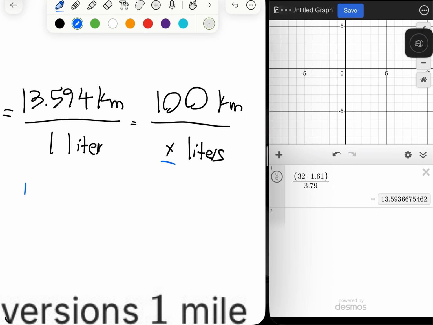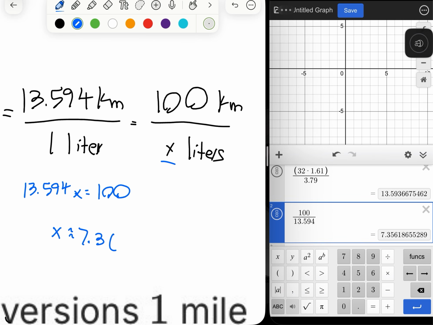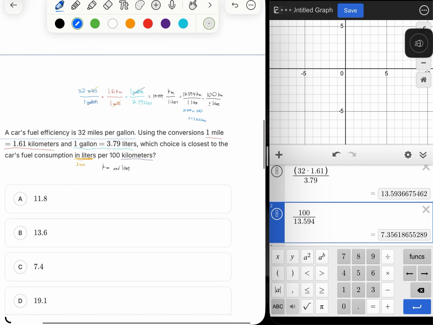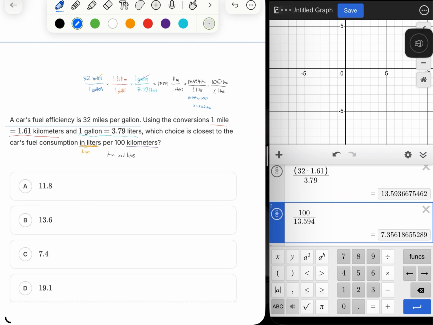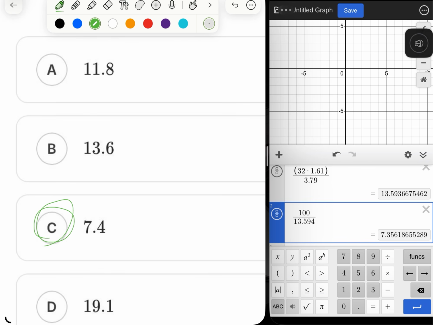So you get 13.594x equals 100. And of course, if you solve for x, you do 100 divided by 13.594. You get x is around 7.36 liters. And if you look at our answer choices, 7.36 is closest to 7.4, so our answer choice is C.